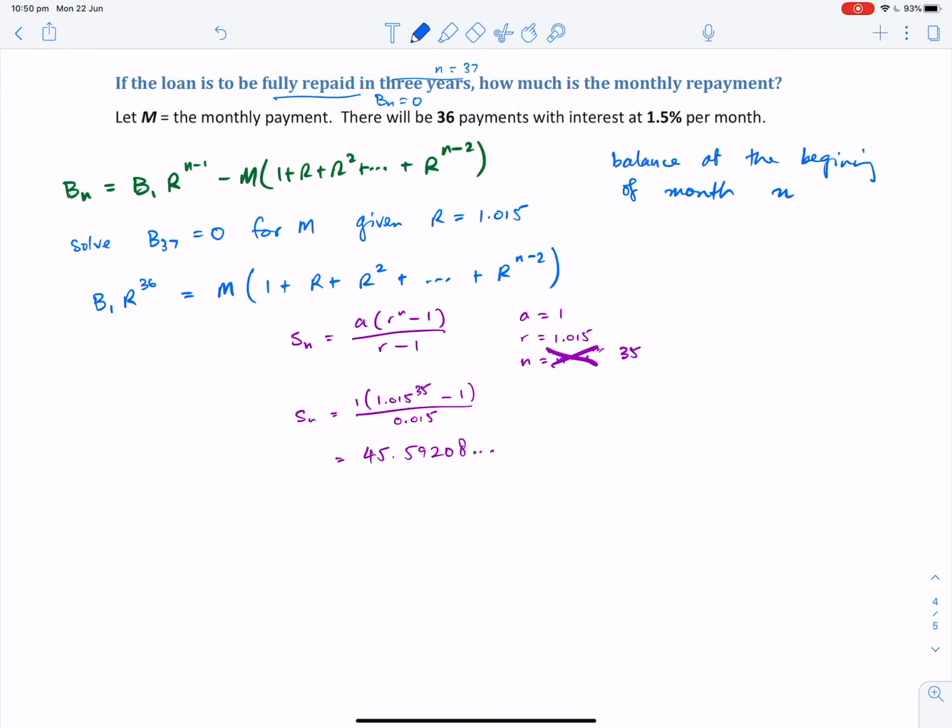Okay, so back to the blue. So the B1 is 5,000. Then we've got 1.015 to the 36 equals M times 45.59208... Keep that in answer. And we're trying to find M, and everything's calculatable now. So I'm not even going to write out another line, I'm just going to calculate it.